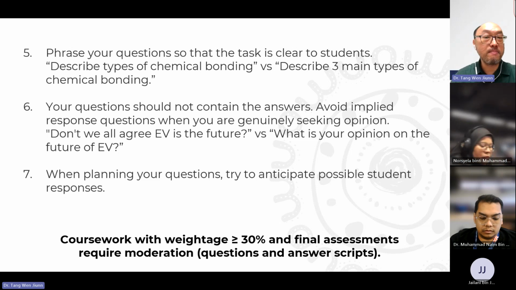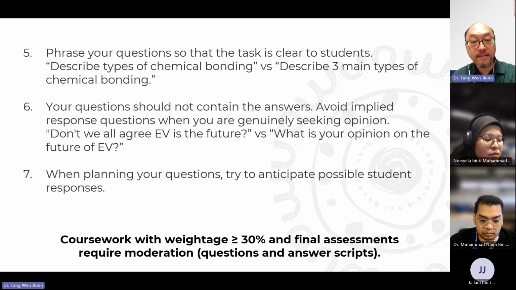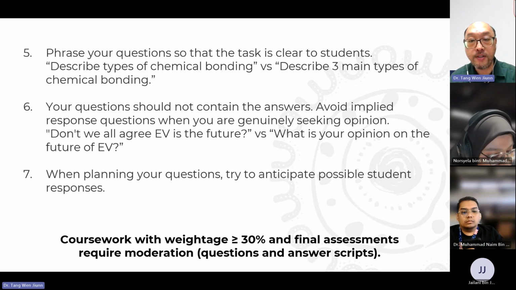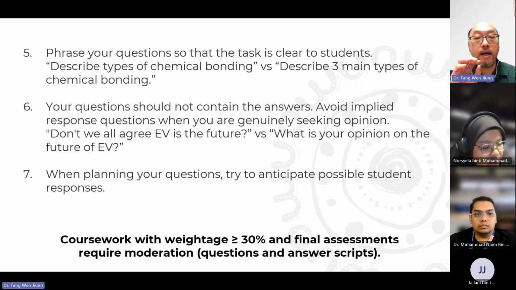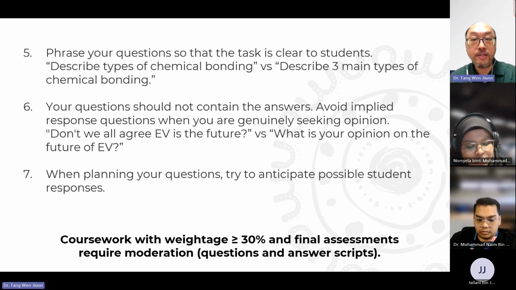But the students might have a different idea. So we have to look at whether there will be any different answers to the question. If your intention is for the students to have several options, make sure you have these several options in your marking scheme as well.